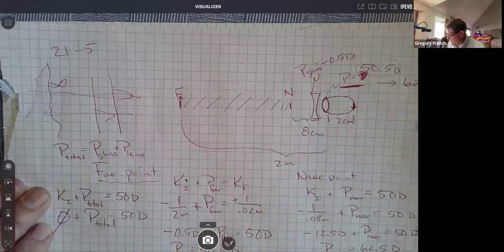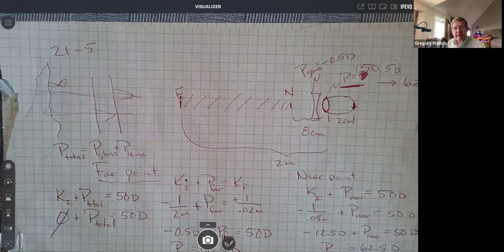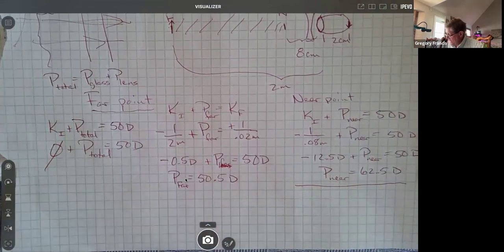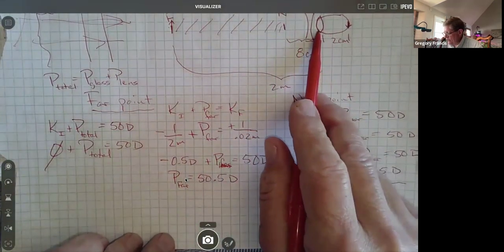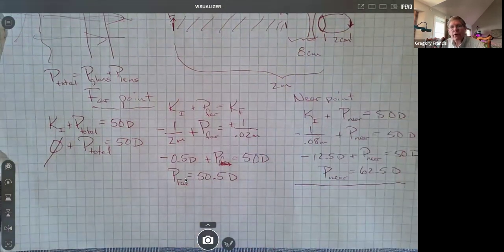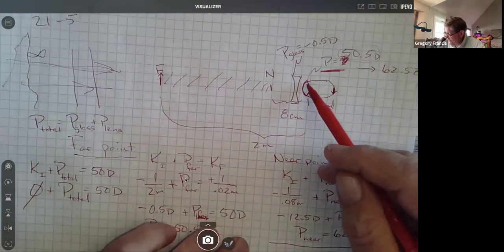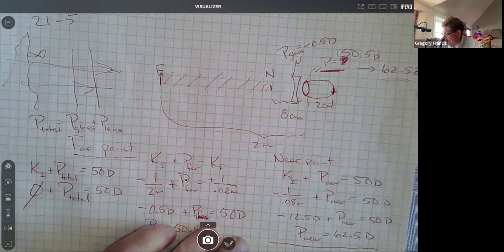Now, what's that going to do to her near point? Well, let's do this over again. If I go to the near point, when she's got this lens, the most powerful it can be is 62.5.